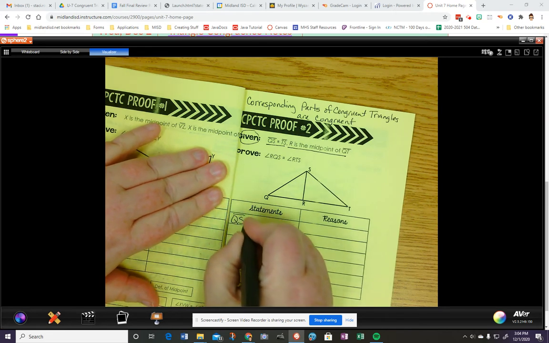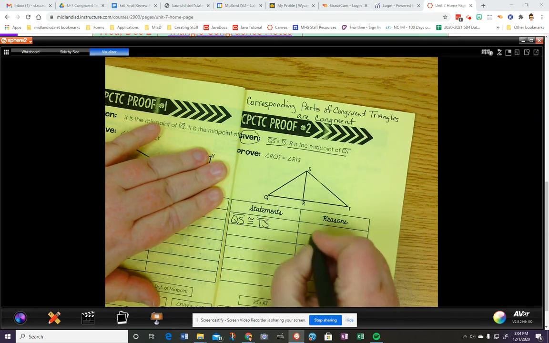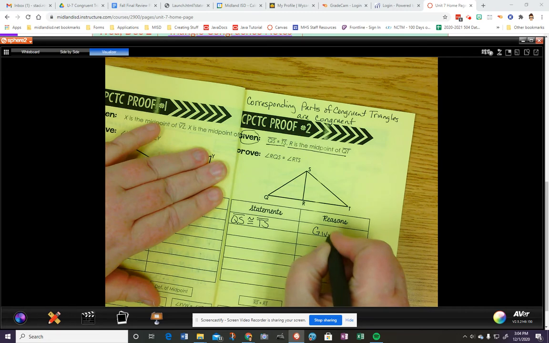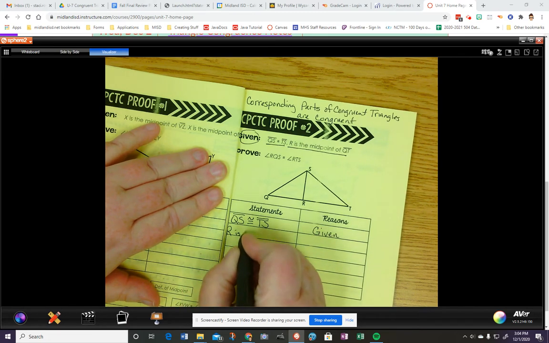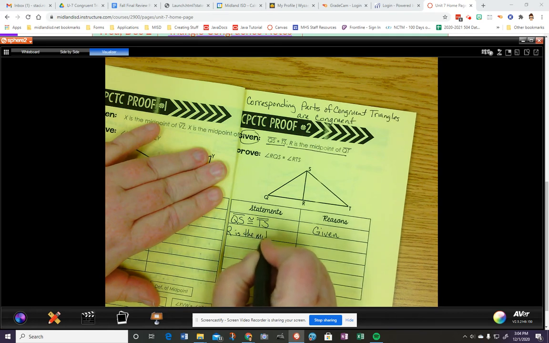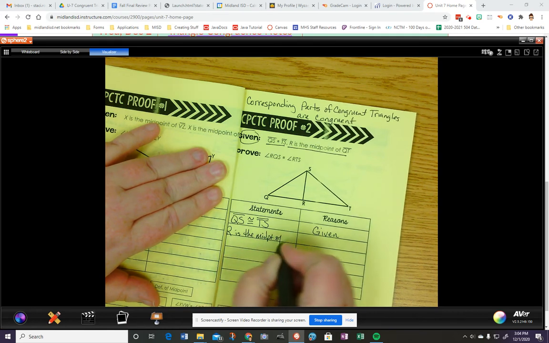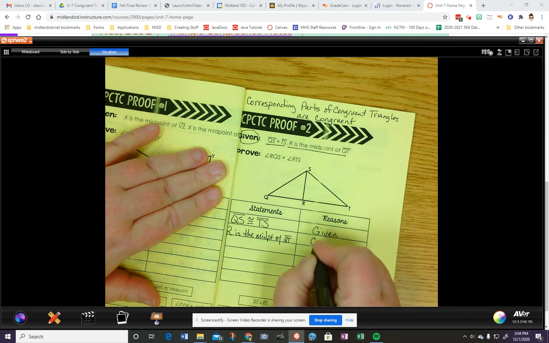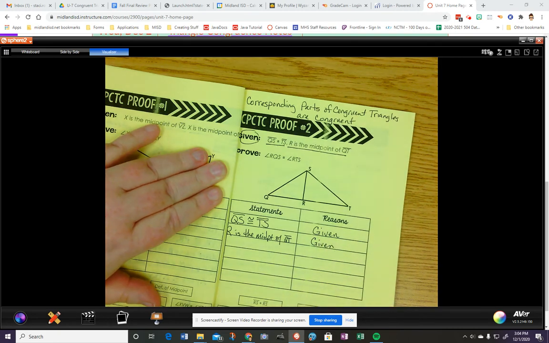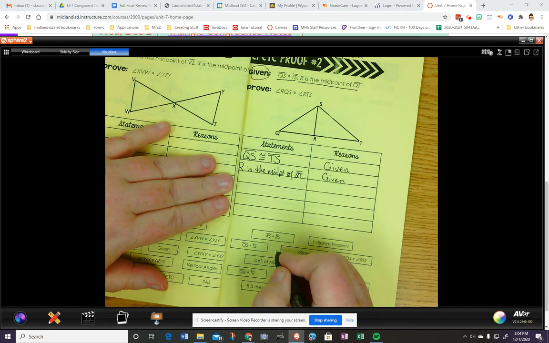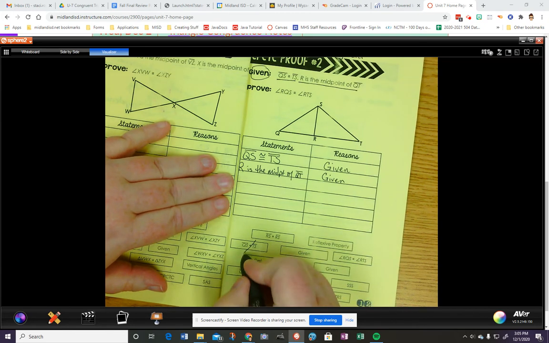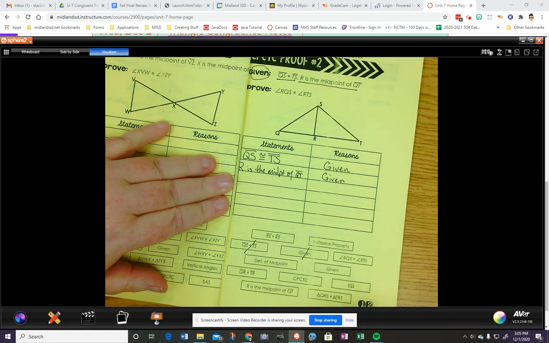QS congruent to TS, and that's given. R is the midpoint of QT, and that is given. So QS and TS, let's find it down here. QS and TS, given.